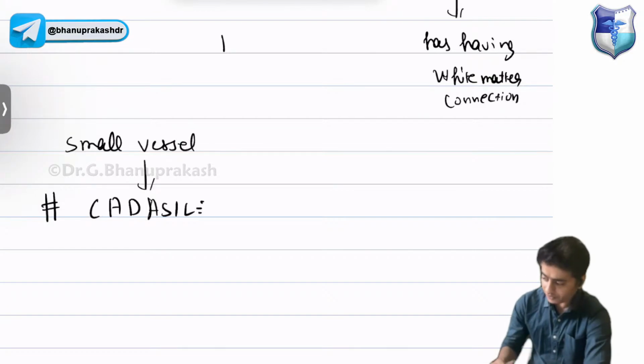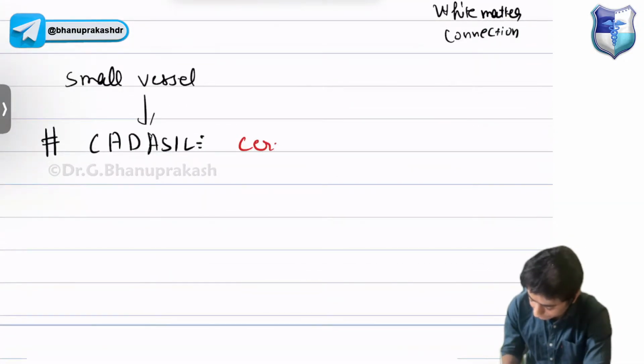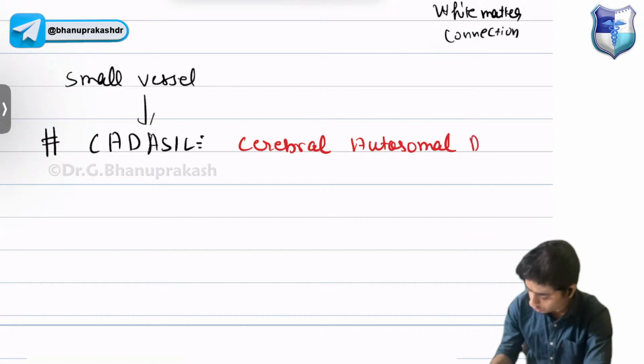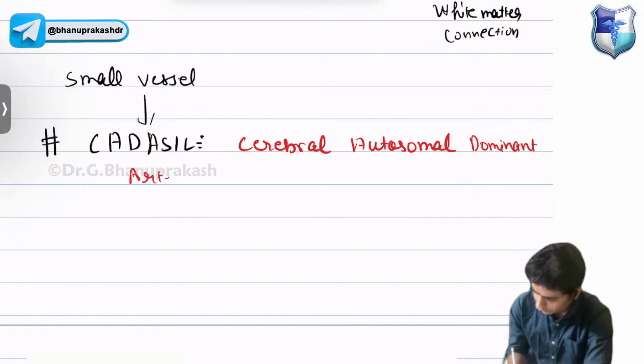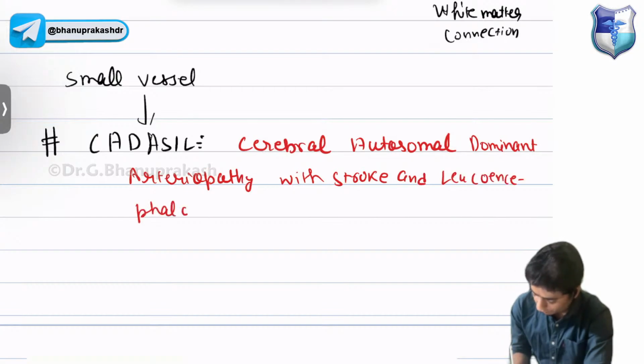So what does CADASIL stand for? CADASIL stands for cerebral autosomal dominant arteriopathy with stroke and leukoencephalopathy.